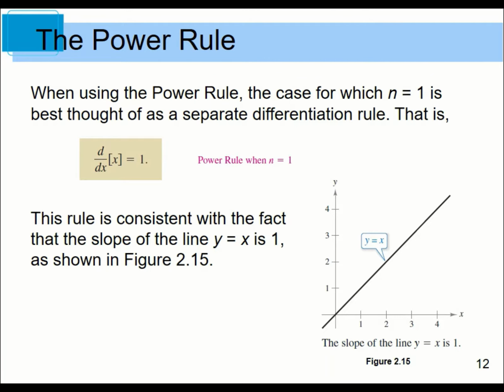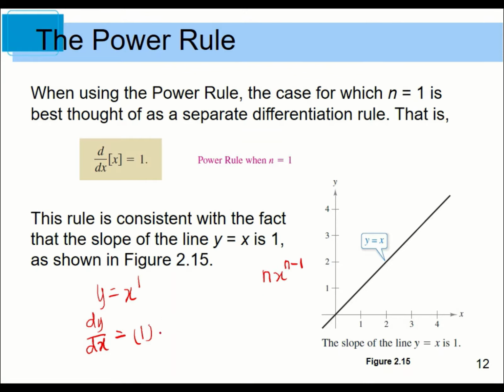Now, if we differentiate x, we get 1. According to the power rule, y equals x, the power is actually 1. So when we differentiate, we bring the 1 down, and the power is reduced by 1.